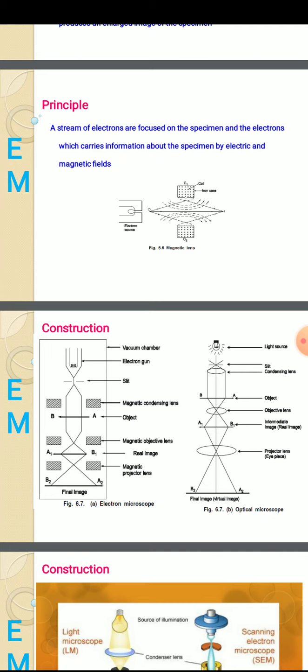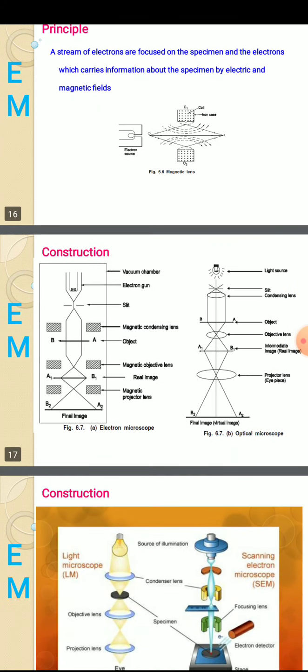The magnetic objective lens enlarges it, and the size is increased. Then finally it is passed through the magnetic projector lens. The magnetic projector lens enlarges it to the maximum size. The final image is recorded on the photographic plate.